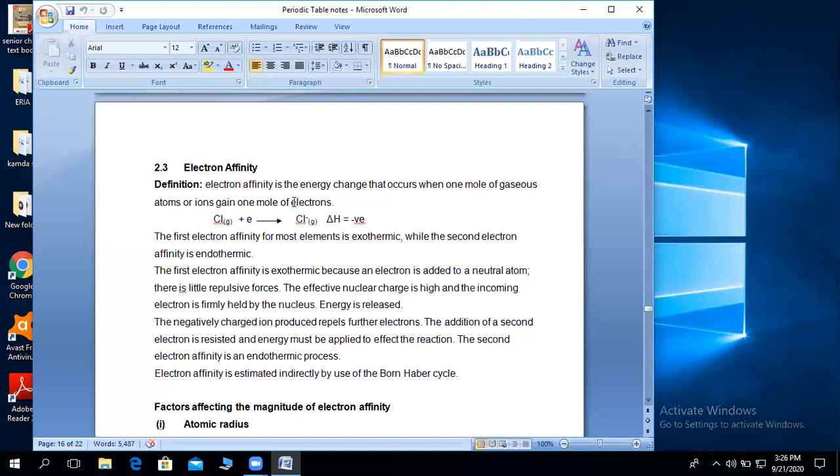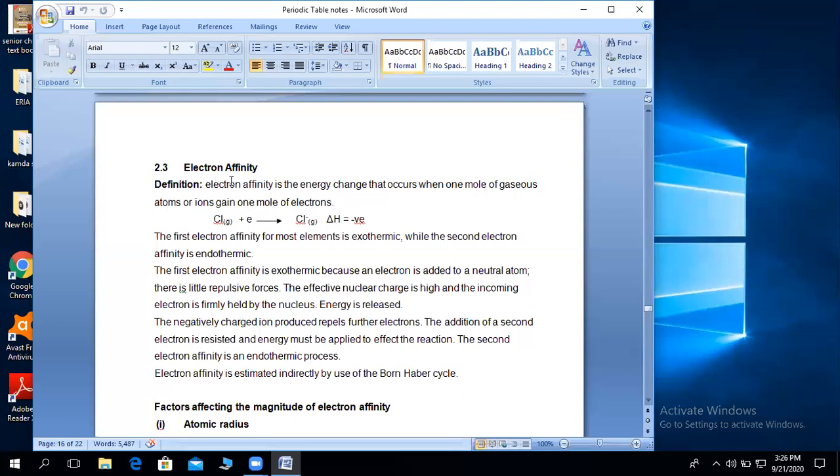In some other books, they will say it is the energy change that occurs when 1 mole of electrons is added to 1 mole of gaseous atoms, but they are still the same. They still mean the same thing.